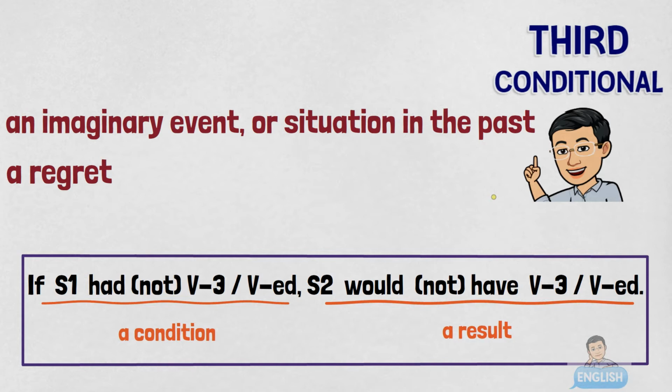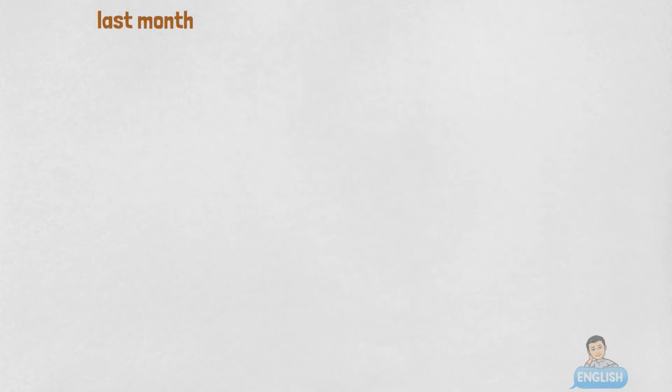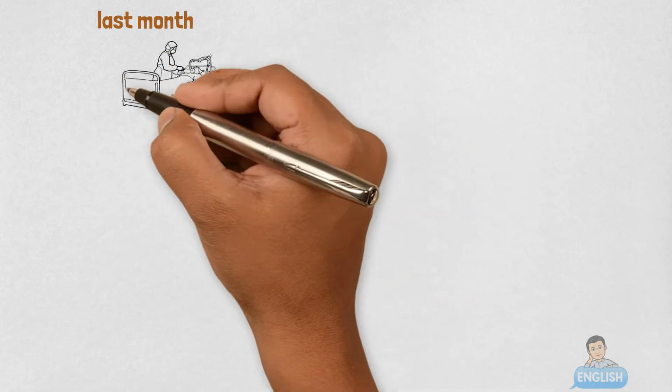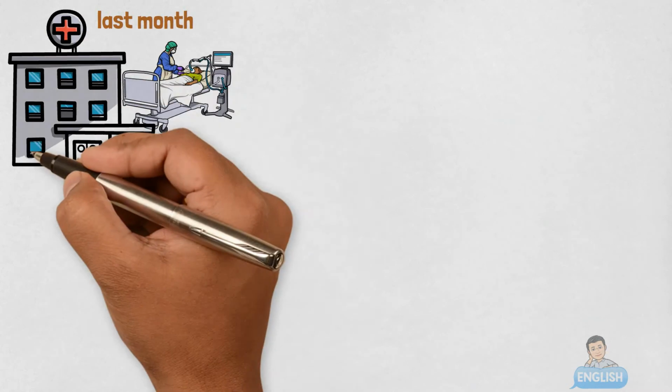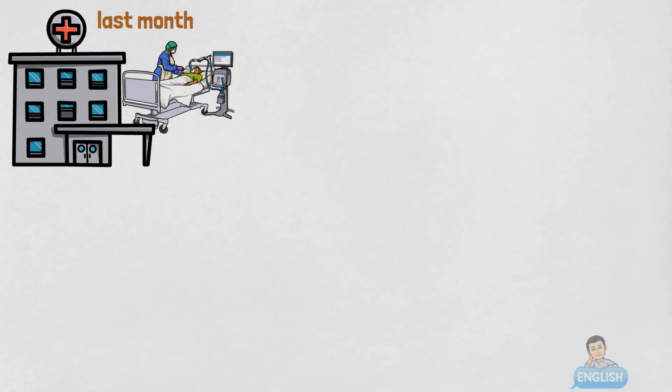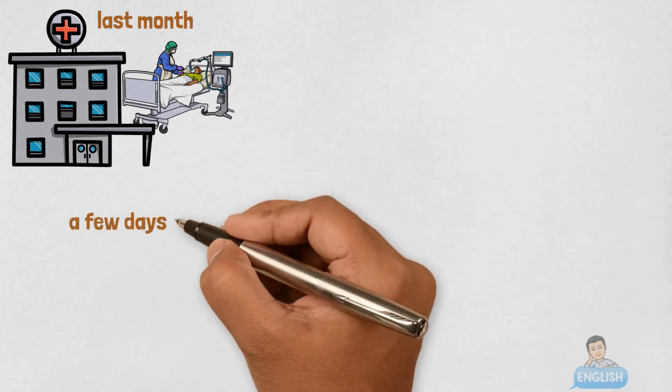Let's study this example situation. Last month, Ben was in hospital for a few days. Andy didn't know this, so he didn't go to visit him. They met a few days ago.